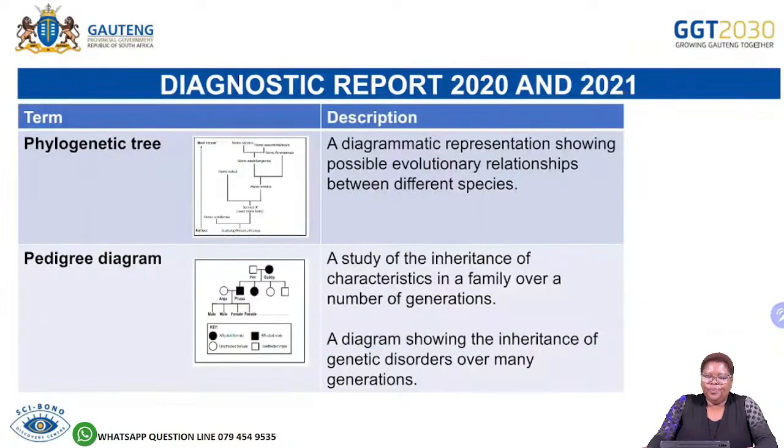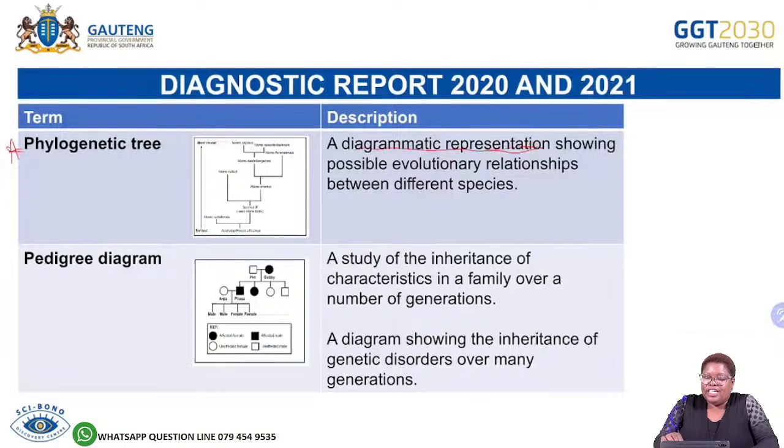Okay? Right, from our diagnostic report of 2020 and 2021, you need to be able to differentiate between a phylogenetic tree and a pedigree diagram. Right? With the phylogenetic tree, what you need to know is that it's a diagrammatic representation that shows what?